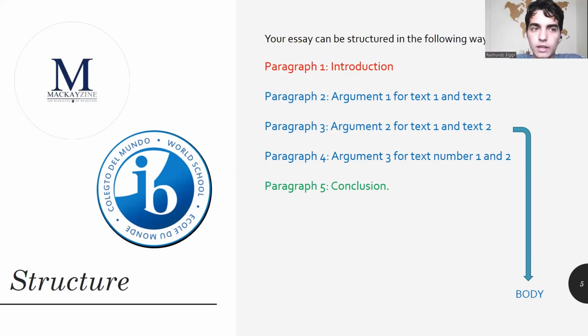You're going to see how to write a good introduction. Paragraph 2, you use your first argument for text 1 and 2 in the same paragraph. Then your second argument for text 1 and 2, and then your paragraph 4, your third argument for both texts. So in each of the body paragraphs, you need to include both texts, and you do the comparative exercise in each of the paragraphs.